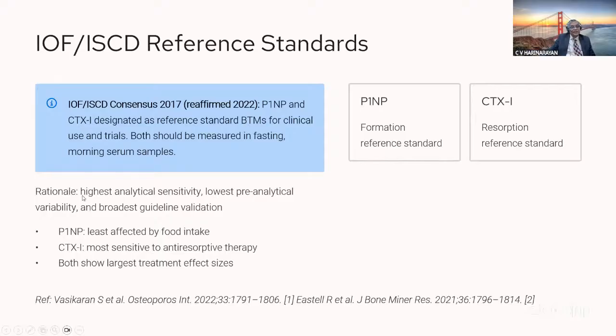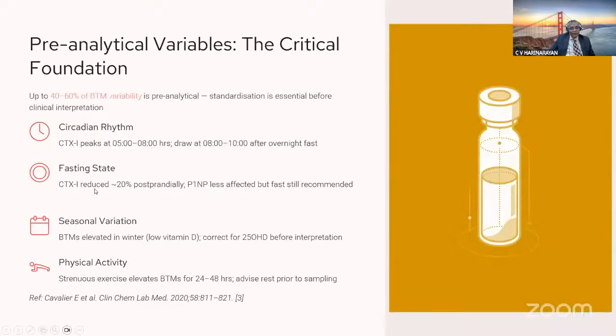So the rationale is high analytical sensitivity, lowest pre-analytical variability, and broad guideline validation. The International Osteoporosis Federation gave a consensus statement in 2017, reaffirmed in 2022, that P1NP and CTX can be designated as reference bone turnover markers for use in clinical trials. While P1NP is a formation marker, CTX is a resorption marker.